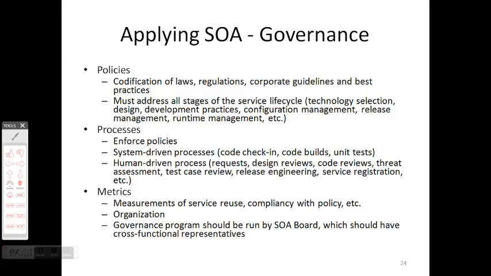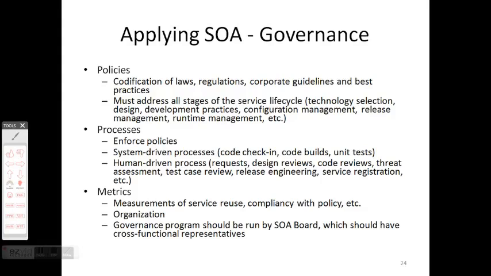Then we use those policies in something called processes. So we need to have governing processes, and we use those policies that we have throughout the service organization for our processes. The processes enforce those policies. They are system-driven processes and also human-driven processes. And eventually, as part of our governance, we need to have metrics.